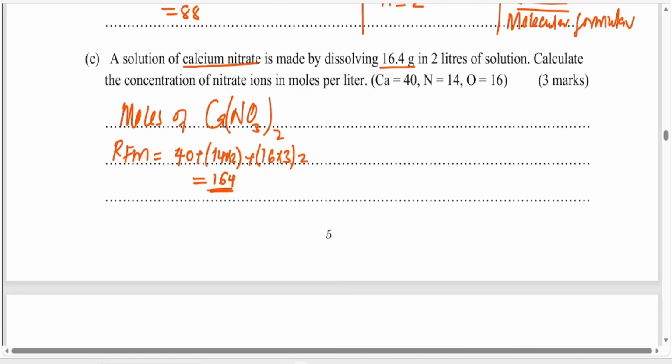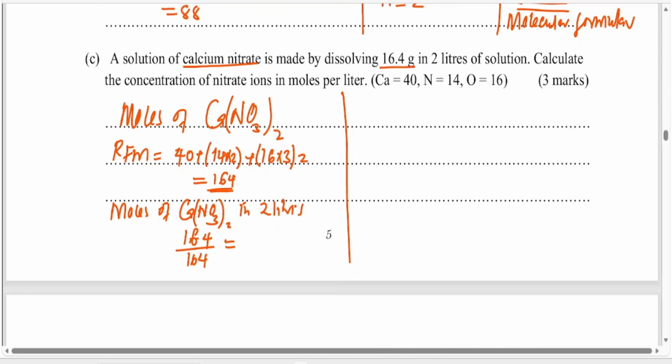So if this is the relative mass, we can obtain the moles of calcium nitrate in the 2 liters that you are given. So moles is 16.4 divided by 164, and we obtain 0.1 moles.